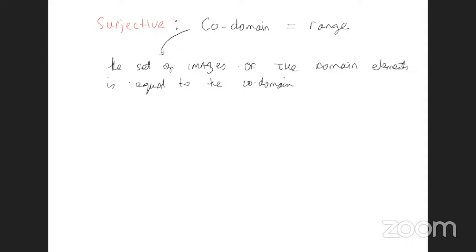All right, so when the set of images is equal to the codomain, what we have is a surjective function.